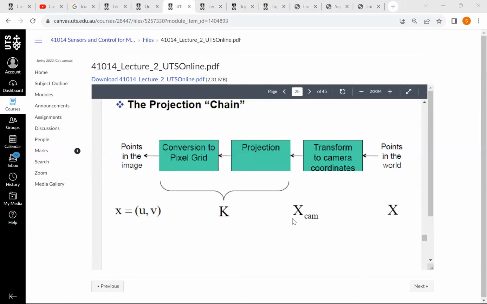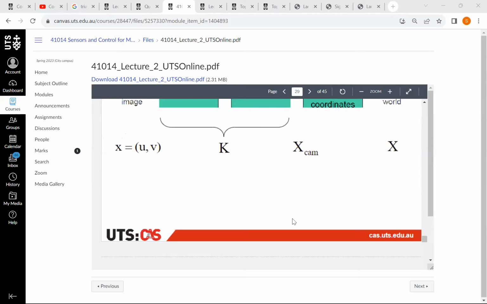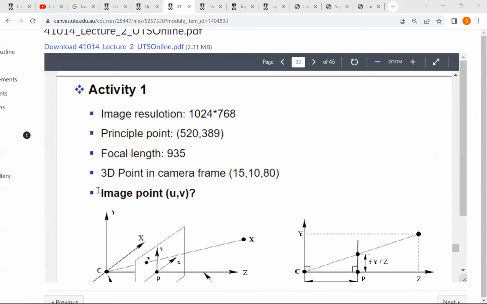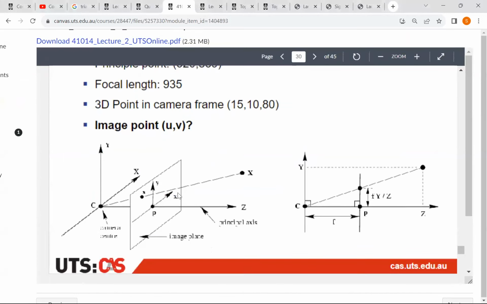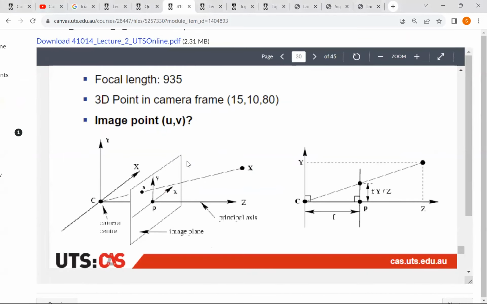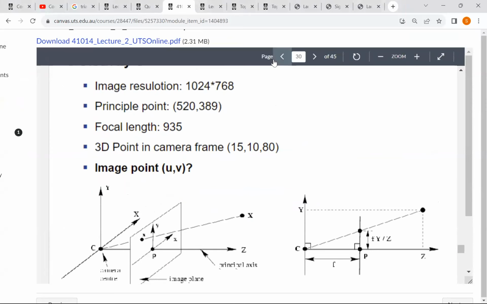So pretty much, I'm just going through all the example questions. It's find the image point UV, which is on the image plane, right? Yeah, that's the image point.